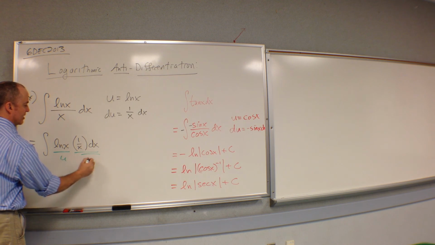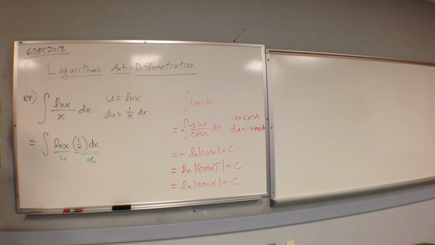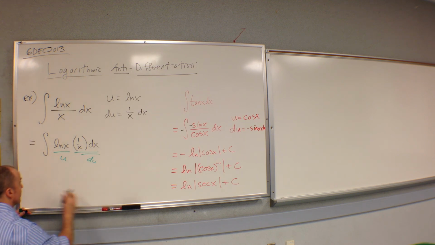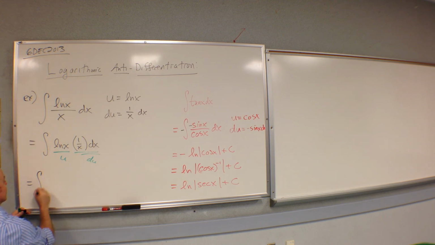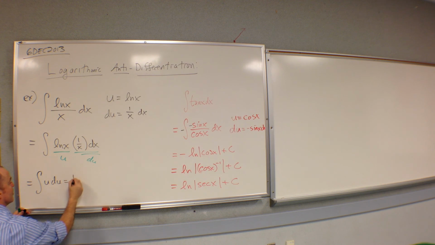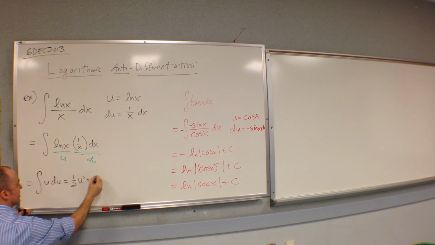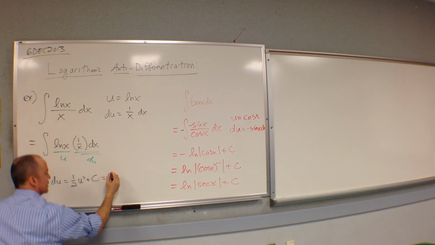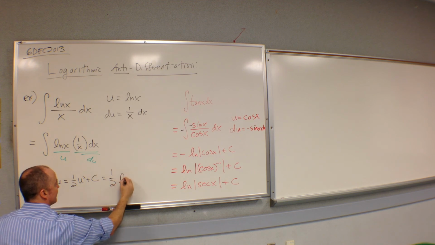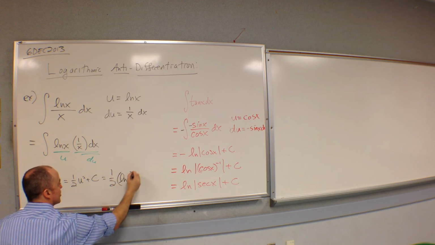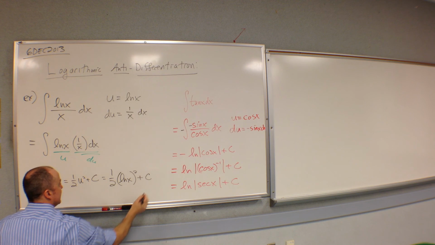I've got my u and I've got my du. The antiderivative of u du is just 1/2 u squared plus c. So this is going to be 1/2 natural log of x squared plus c.